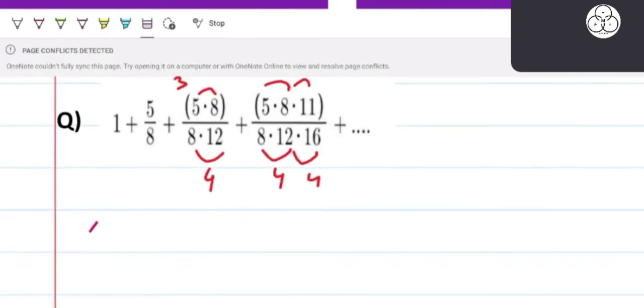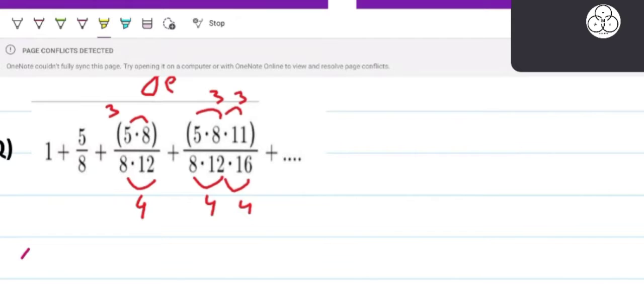So let us try to figure out the general term. Let us focus on this term. This is going to be the fourth term. T4 is equal to 5 into 8 into 11. One thing we can also observe is that we can take 4 common.